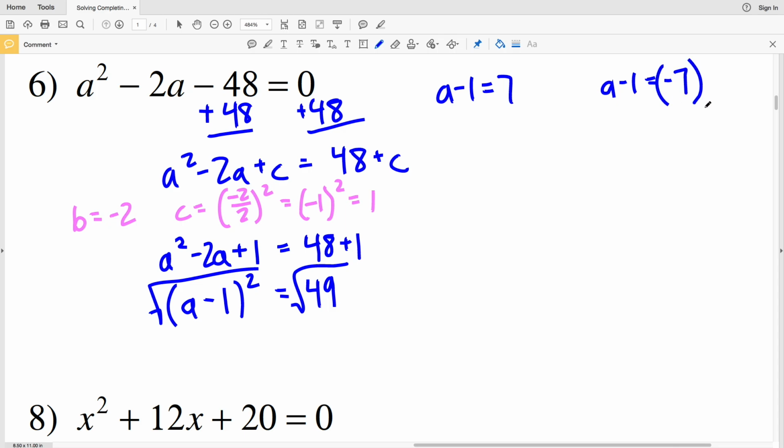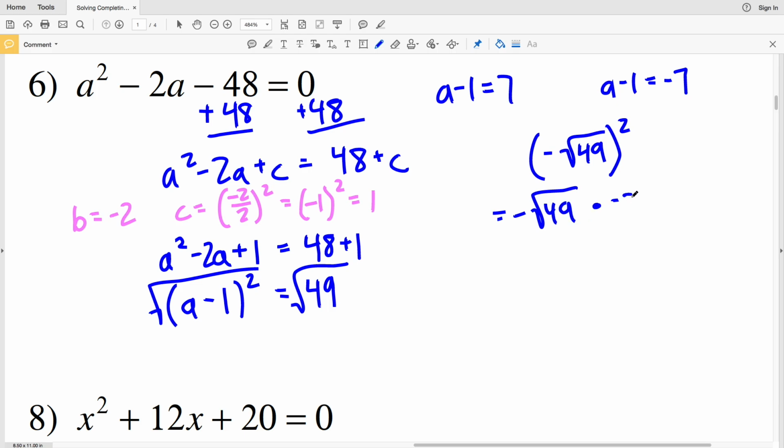That's because when I square negative 7, it also equals a positive 49. Or you can think of this as squaring the negative square root of 49. That would be equivalent to negative square root of 49 times negative square root of 49, which, since a negative times a negative is positive, will give us a positive 49.